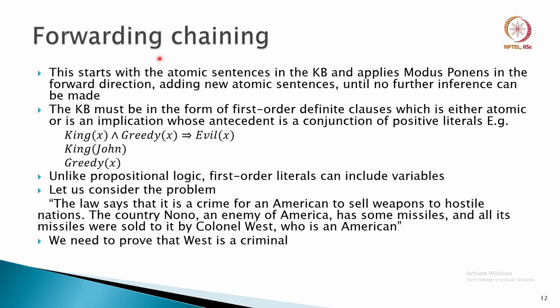Like I said, there are three methods of carrying out the inference: forward chaining, backward chaining and resolution. So we will see each of these, and of course we will see resolution in a little more detail. So what are you doing in forward chaining? Here you look at your knowledge base which has all these sentences in it, and you have facts and you look at the rules.